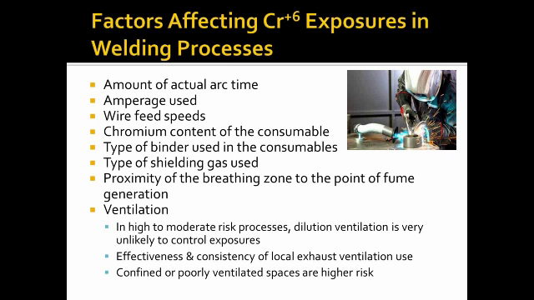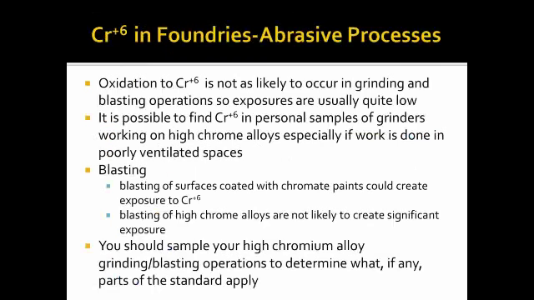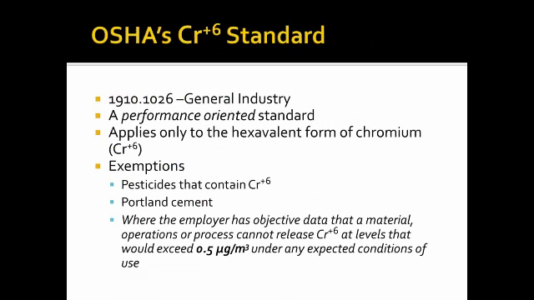Same with blasting. So the bottom line here is that while I think the likelihood of overexposures is not real high unless you have these really poorly ventilated castings, I still think it's important to establish what your exposures are, and determine what, if any, parts of the standard apply to your operation. So with that said, let's talk a little bit now about the specifics of the standard.